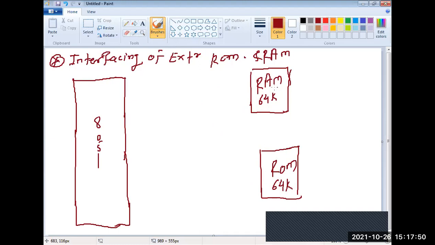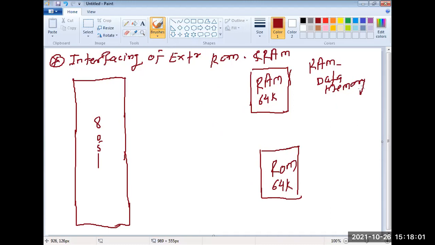As we know, this RAM is called what? Data memory. Correct? So you can store data in that. As it is a data memory, we can read and write in this memory.